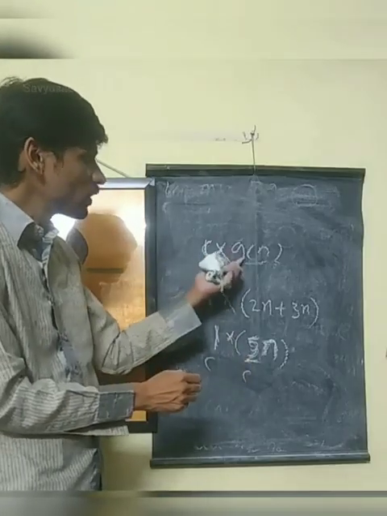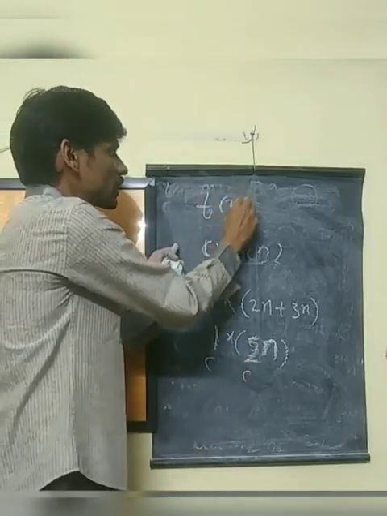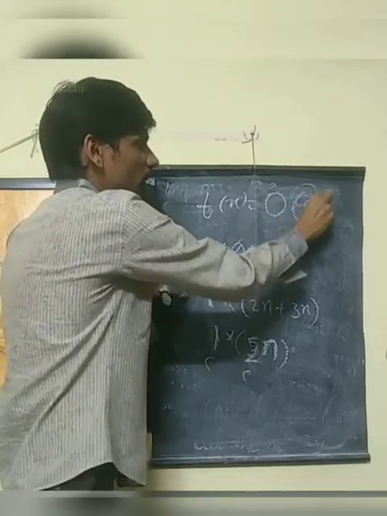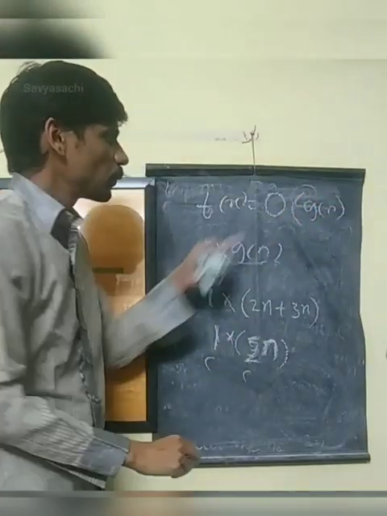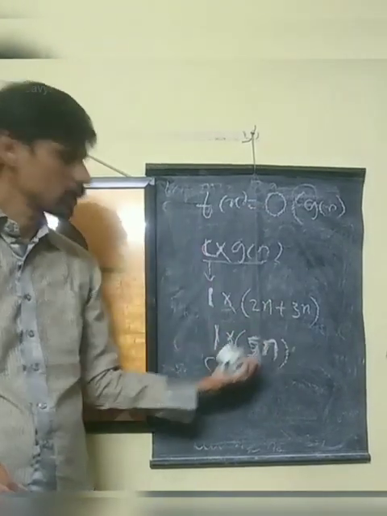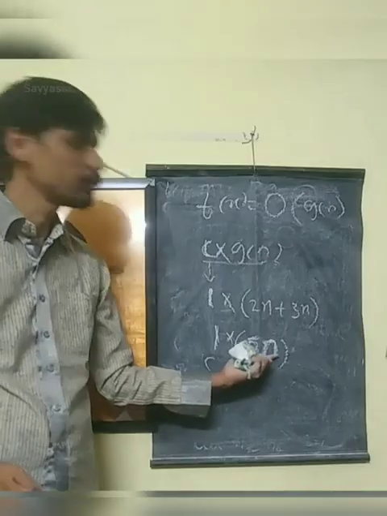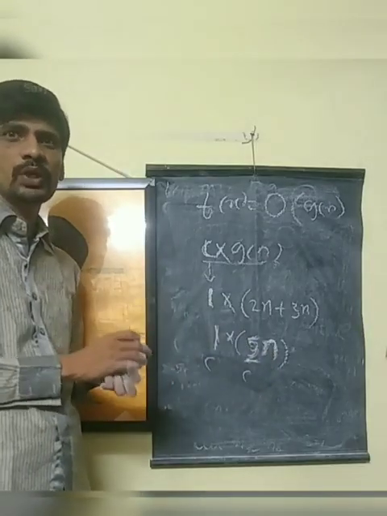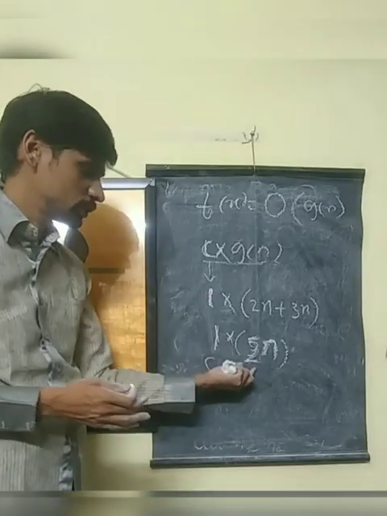While writing f of x equals big O of g of n, instead of writing 2n plus 3n or 1 multiplied by 5n, I want to make this simpler by eliminating these constants.